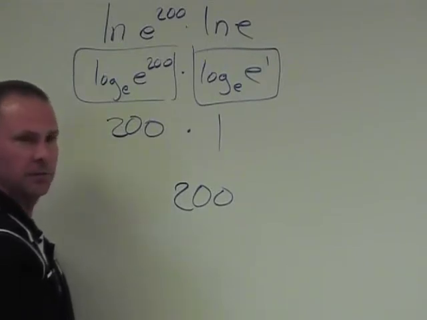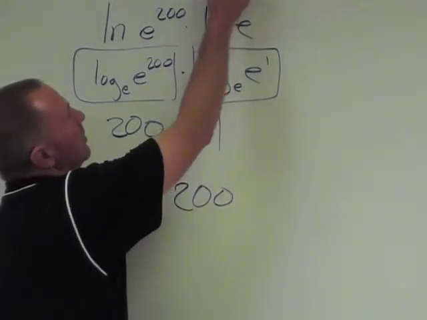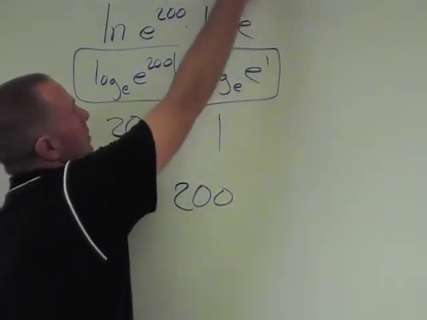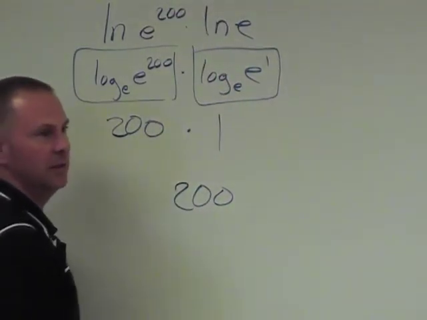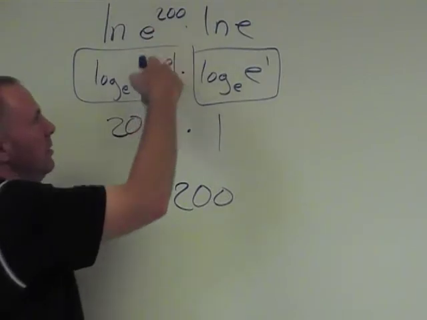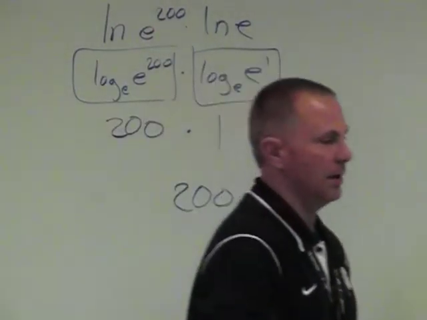Wasn't too bad, was it? Now you could have noticed that this was the same, and so this answer was just e to the 200. And the natural log of e to the 200 is 200. It doesn't matter how you do it, you get the same answer. All right, so that was kind of ugly.